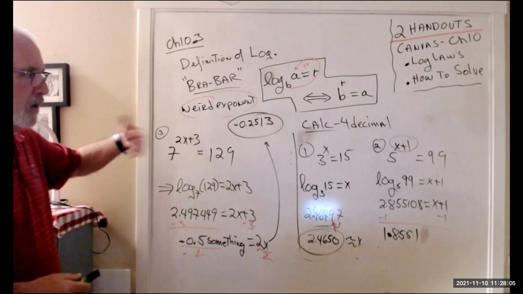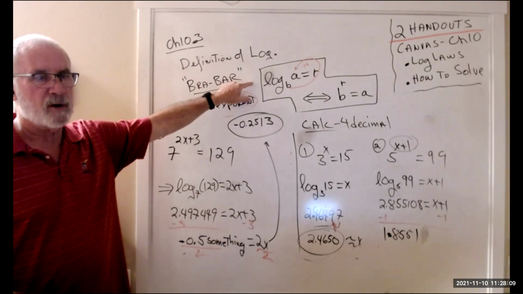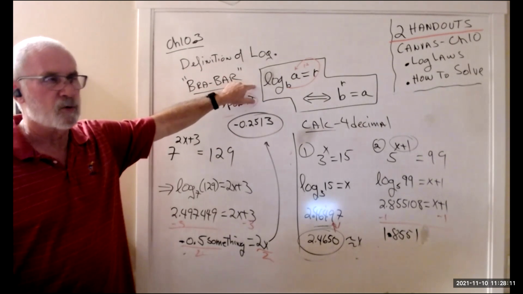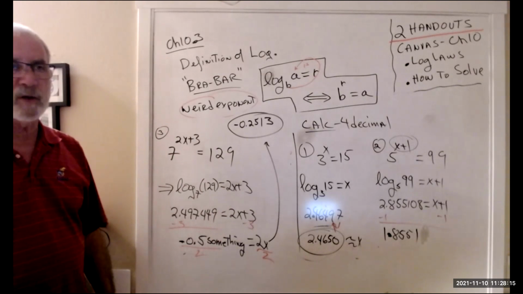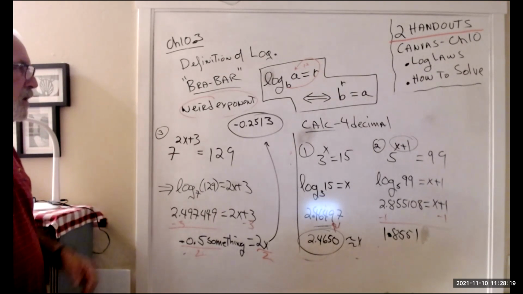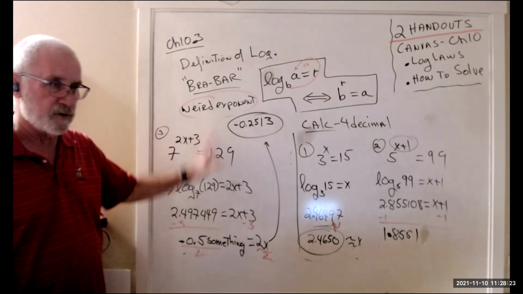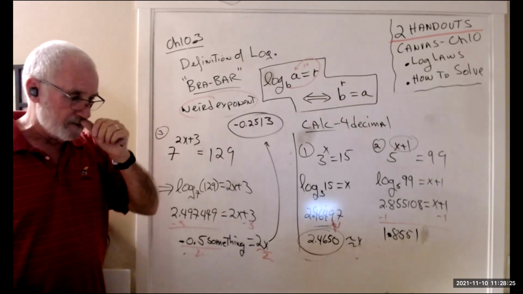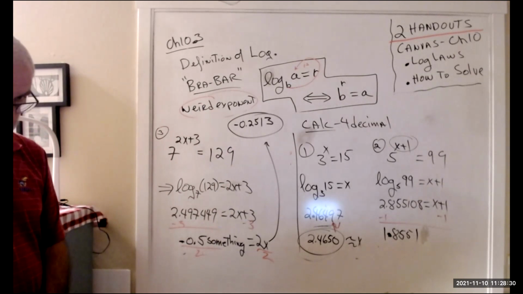So I wanted to go over it again tonight. Uses of the Brabar rule. And we're going to use that Brabar rule throughout the rest of this chapter in places you've never seen it before. But I wanted to show you applications of it and how to use your calculator again and make sure you get it.